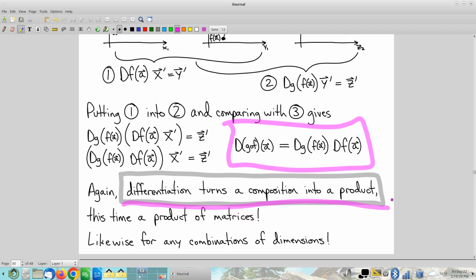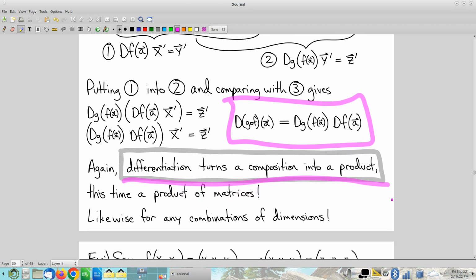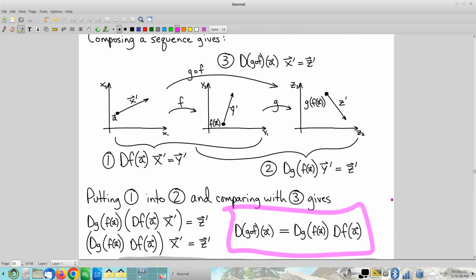All right. Real quick, let me point out that while I drew the picture for 2 dimensions, with 2 x variables, 2 y variables, 2 z variables, notice how that has nothing to do with the argument. That was just an arbitrary choice, easier to draw, I guess.